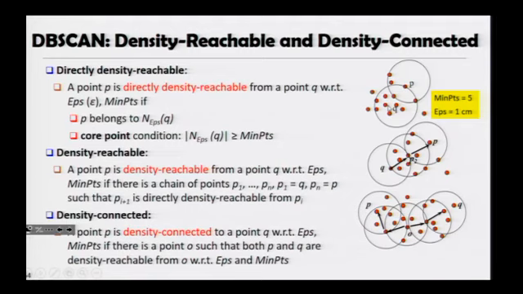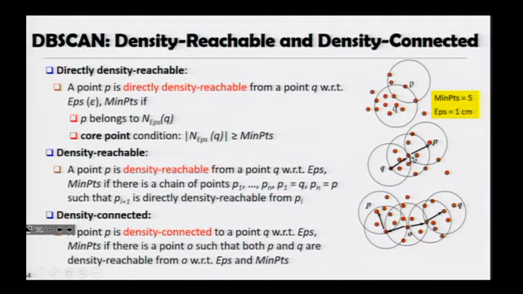It says that a point P is density reachable from a point Q, given this epsilon and the minimum points, if there is a chain of points P1 to Pn such that each Pi plus 1 is directly density reachable from Pi.